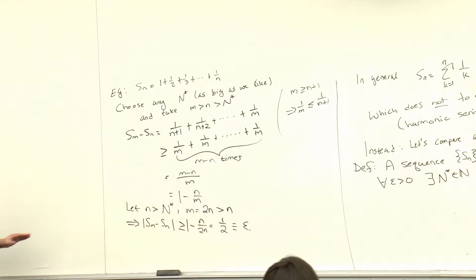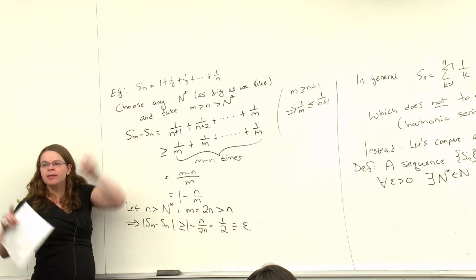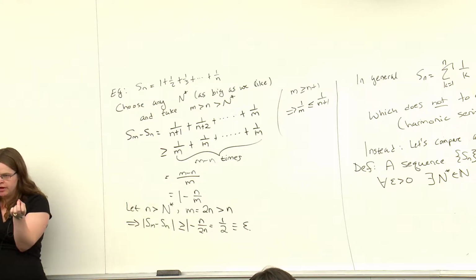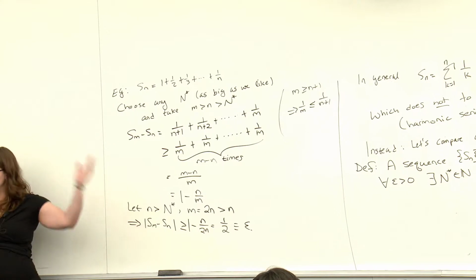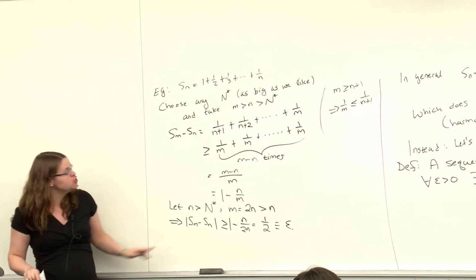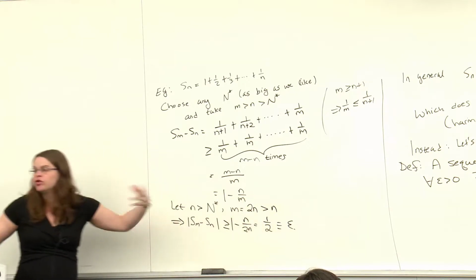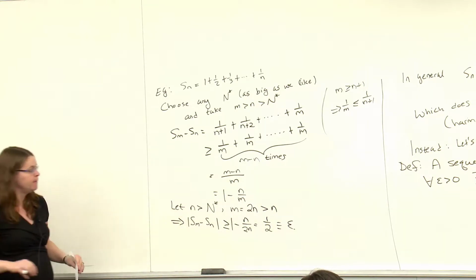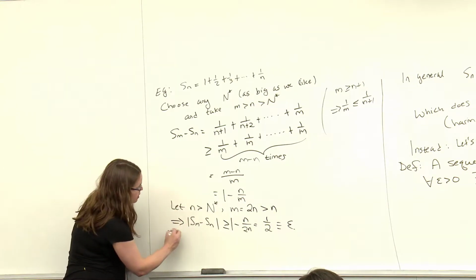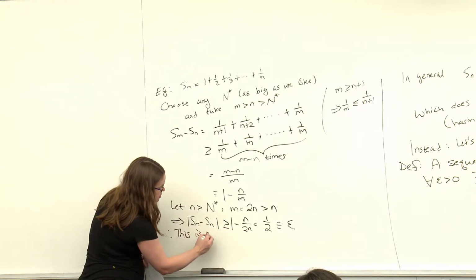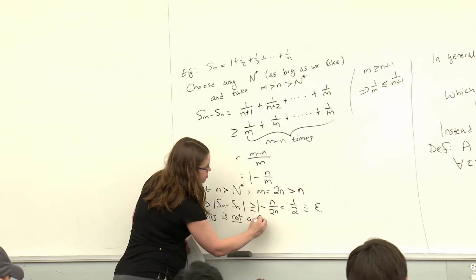So this sequence that we wrote down, where we said, okay, the neighboring terms get close to each other, right? Sn minus Sn plus 1 goes to 0. Next door terms do. But if we start saying, let's stretch things out and not look at next door terms, those terms don't get arbitrarily close to each other. So we're going to conclude this is not a Cauchy sequence.